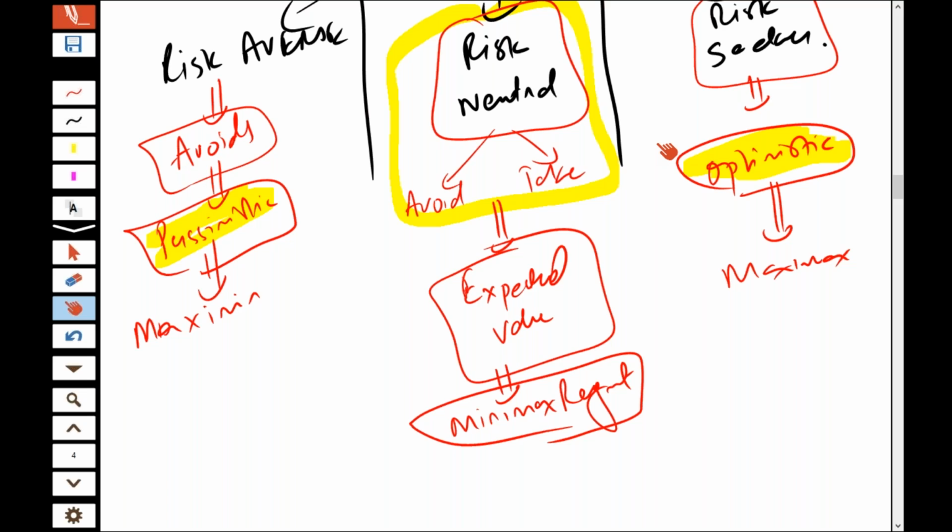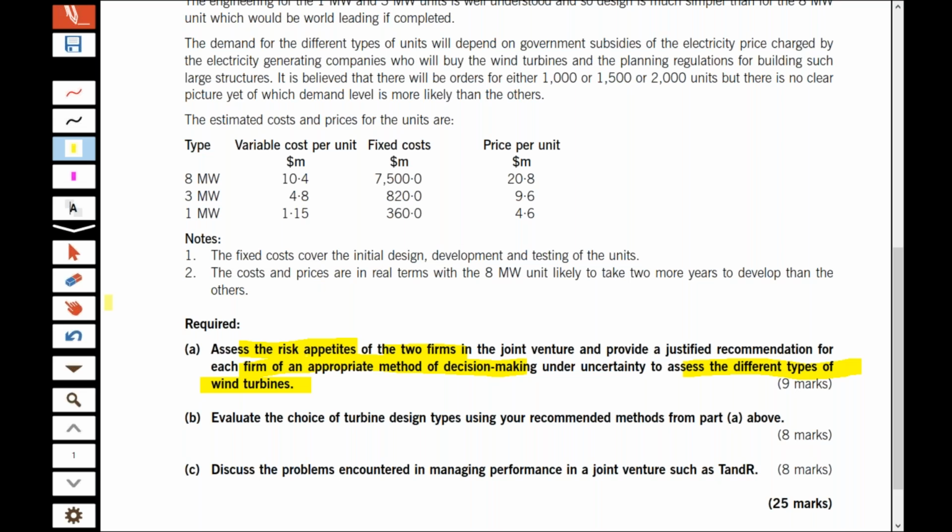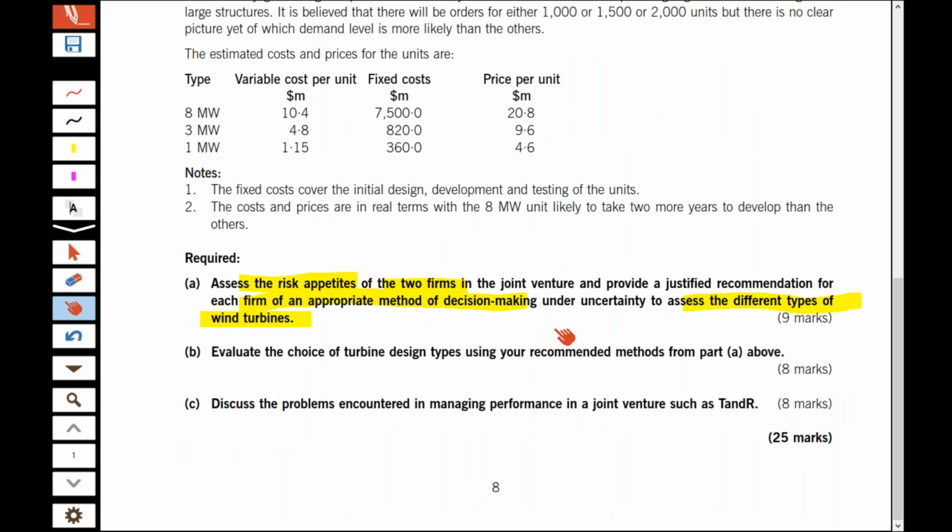So if you look at this specific requirement of the question, it says assess the risk appetites of the two firms in the joint venture and provide a justified recommendation for each firm of an appropriate method of decision making under uncertainty to assess different types of wind turbine. We will identify which firm is of which category once we have read through the question, but for the time being, this is how you are going to answer this question.